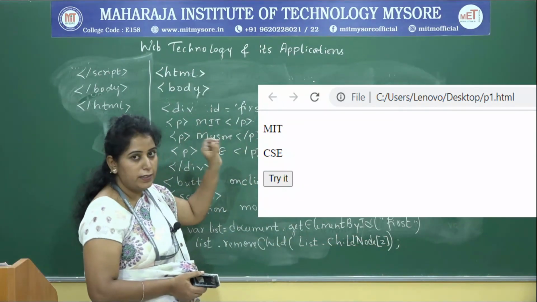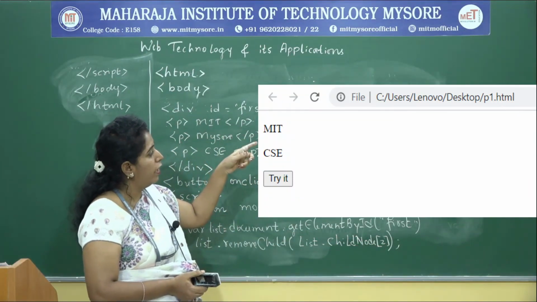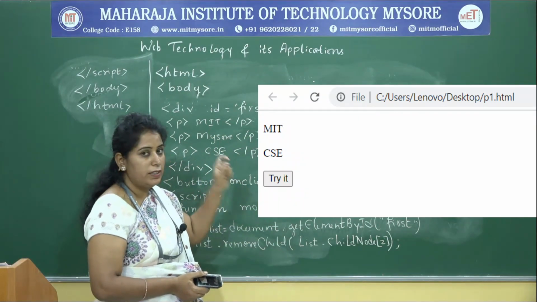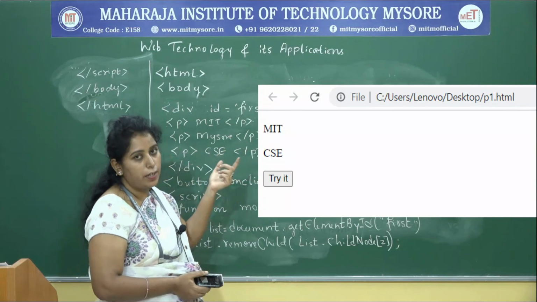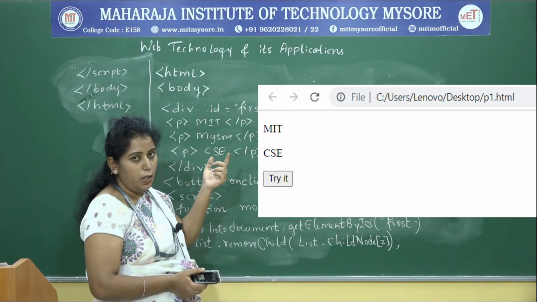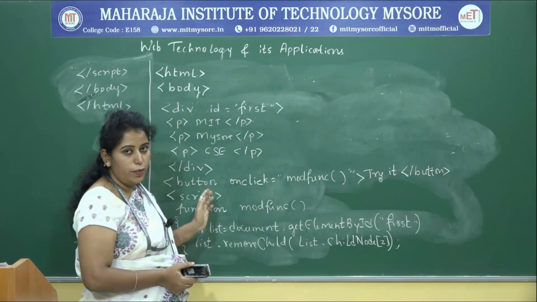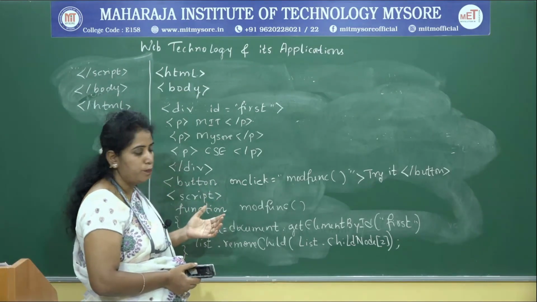So, now once I click on try it, you can observe the output has changed, in the sense the node which has the second index got removed. Okay. So, this is about removing a particular child node.